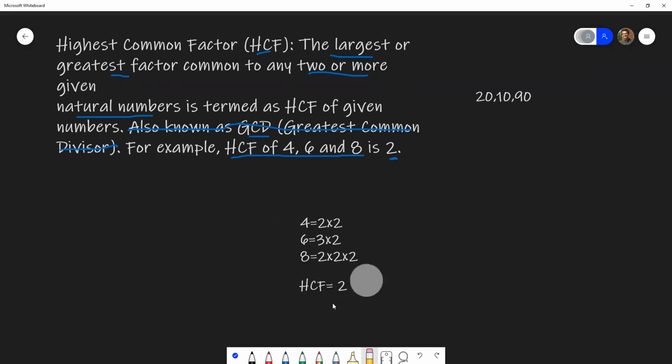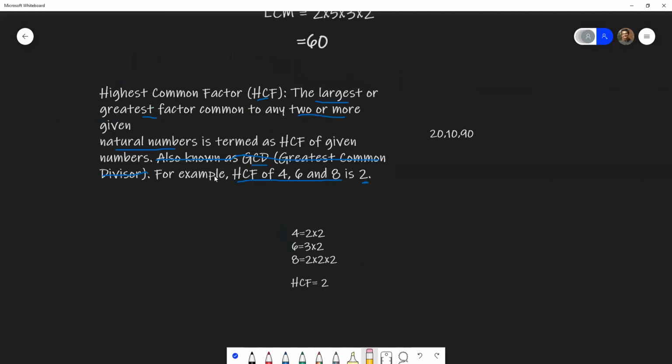The one that asked, can you explain again, sir? Did you understand? Yes, sir. Good, Hamida. Okay, let me break it down again with the definition. Highest common factor, HCF, is the largest or greatest factor common to any 2 or more given natural numbers.